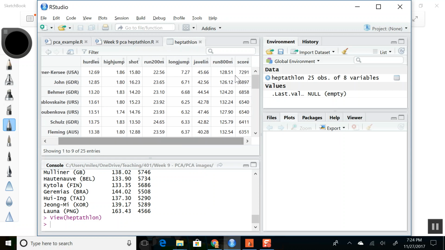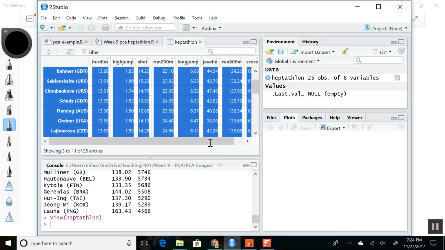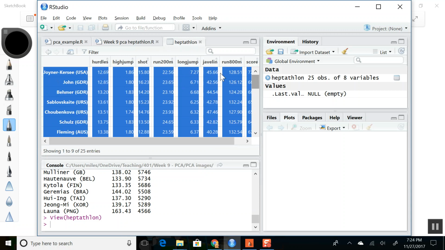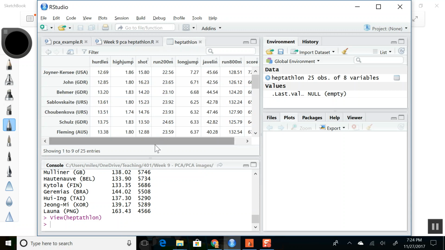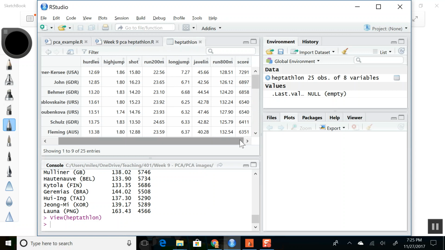Then based on your performance on each of these things, you get some kind of score, right? And I don't know exactly the Olympics formula for calculating the score is, but basically what they want to do is find a way to combine the performance of these 7 different events in such a way that we can rank our athletes from number 1 to last place, right?